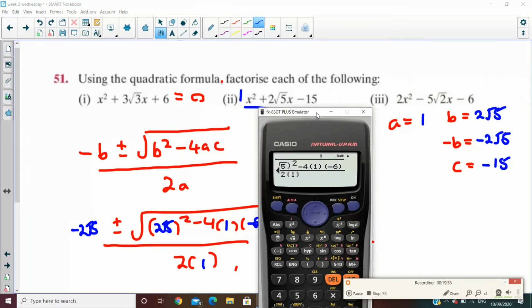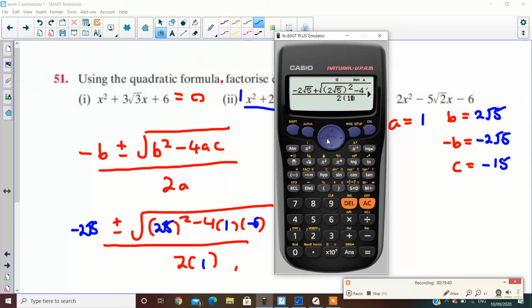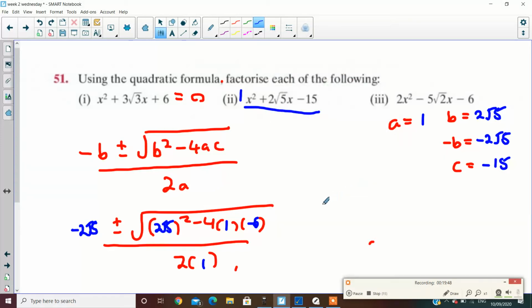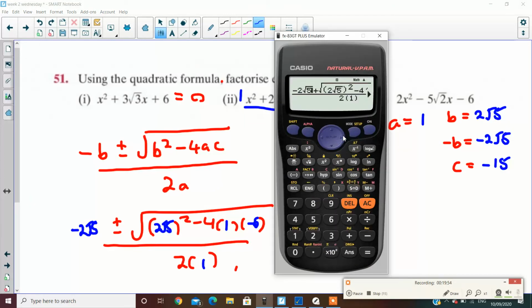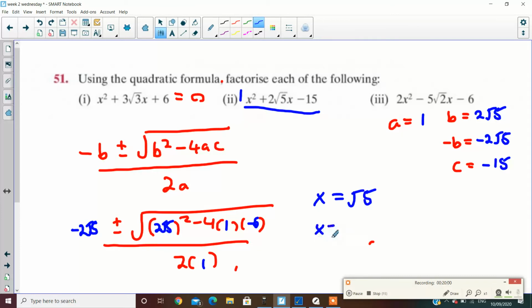So, that might make things a bit nicer. Yeah, it's a much nicer answer. So x equals root 5 is your first answer. Go back and change it to a minus, and x equals minus 3 root 5. Okay, what's the next step then?